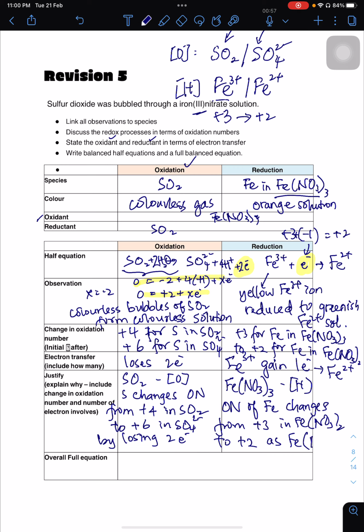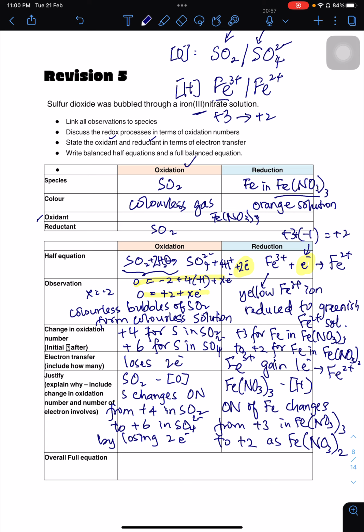So the product will then become this 3, 2. Okay, just to make it clearer. So this is iron 3 nitrate.